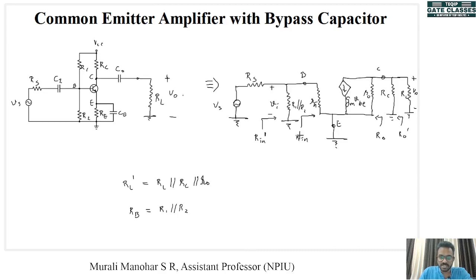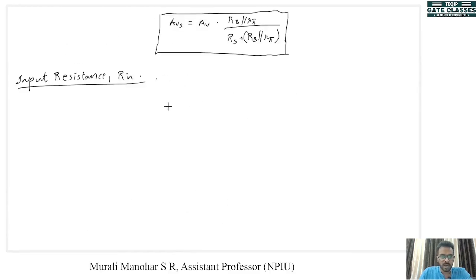So the input resistance Rin is when we are looking at the transistor from this point onwards. That means here we have a voltage drop VBE and a current is flowing, which is IB. So Rin can be written as VBE divided by IB, which is equal to R pi only.